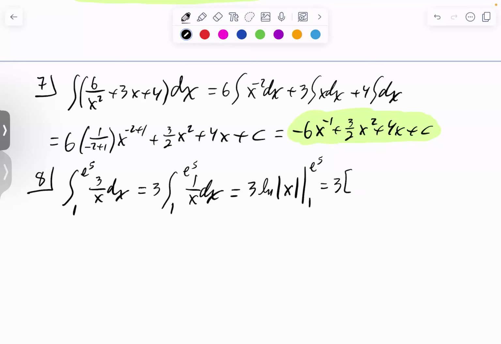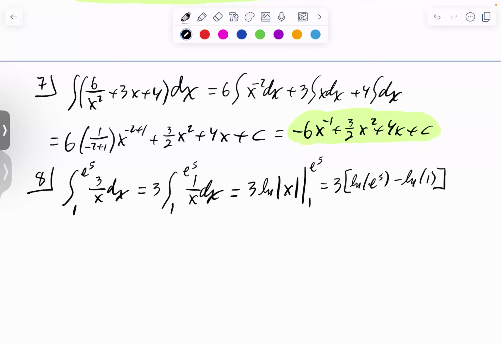This is going to become 3 ln of e to the 5th minus ln of 1. Now, you might notice that I dropped the absolute value. E to the 5th is a positive number, so I don't need the absolute value. And 1 is also a positive number, so I don't need the absolute value. You can keep it. It's not wrong to write, but it's not necessary.